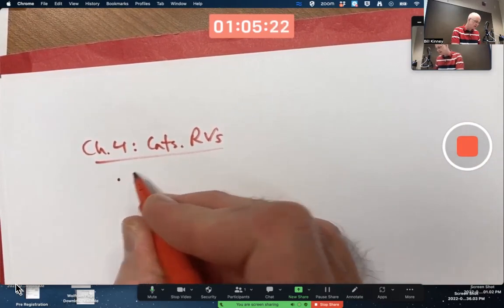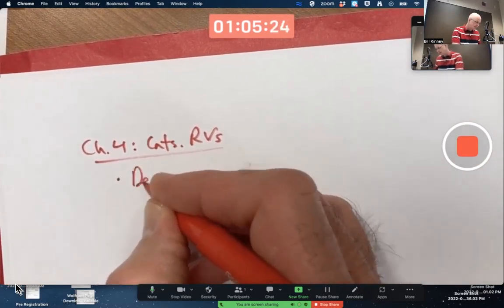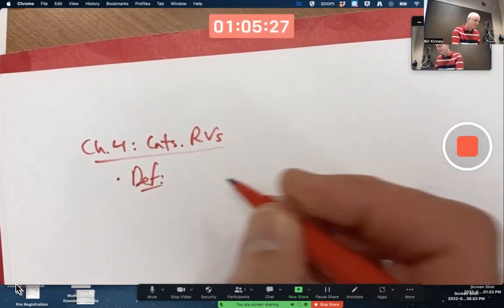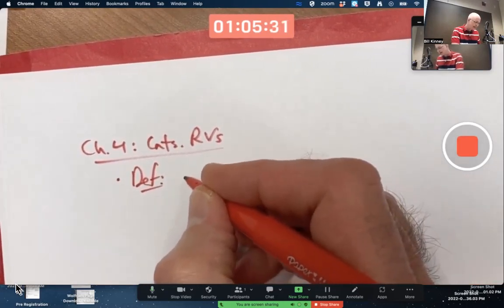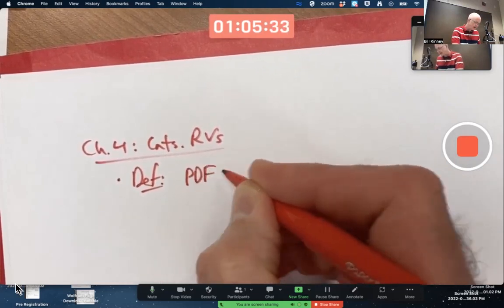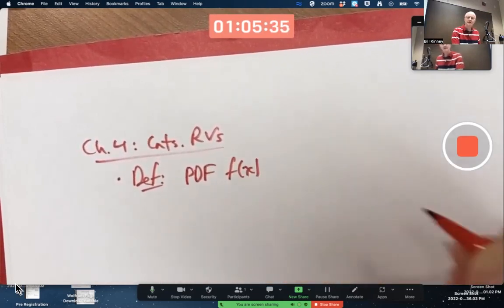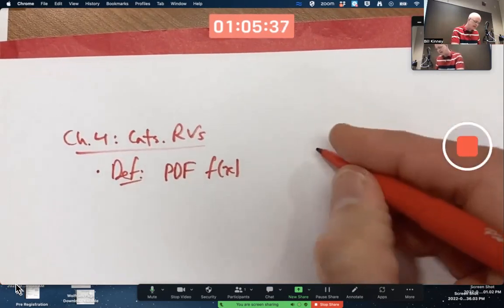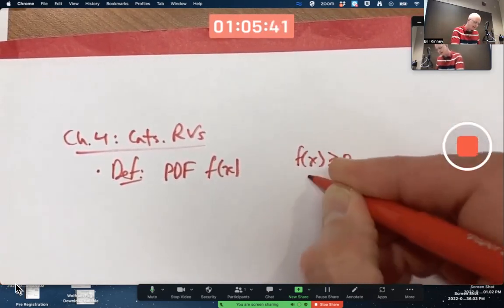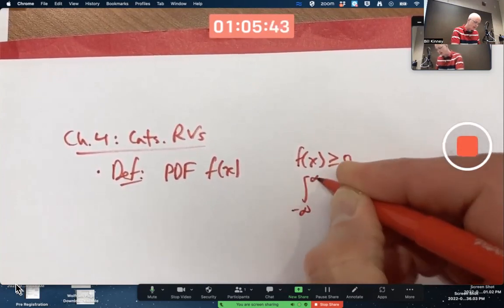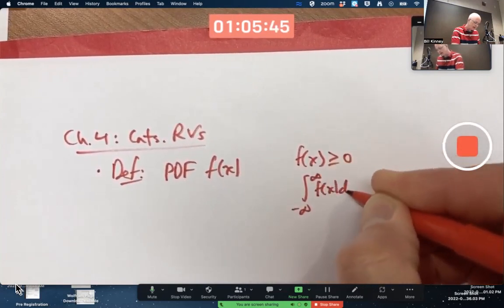So there's just the definition of really a continuous random variable PDF, little f of x, being something that's going to be non-negative for all x and has to integrate to 1. And in general, you want to keep things simple.